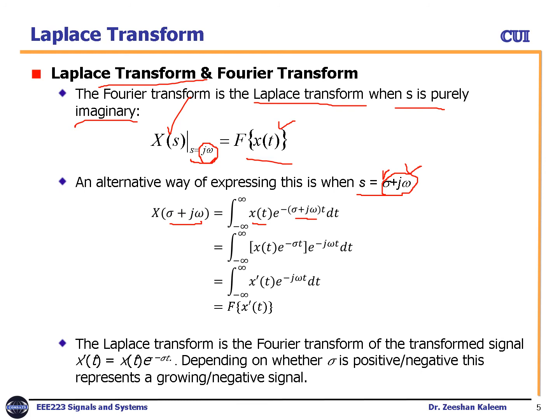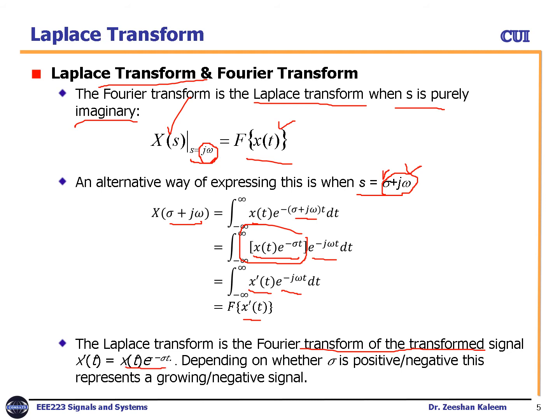Let's name the term x(t) e^{-sigma t} as x bar(t). Then the integral of x bar(t) e^{-j omega t} dt is equivalent to the Fourier transform of x bar(t). So we concluded that the Laplace transform is the Fourier transform of the transformed signal x(t) e^{-sigma t}.